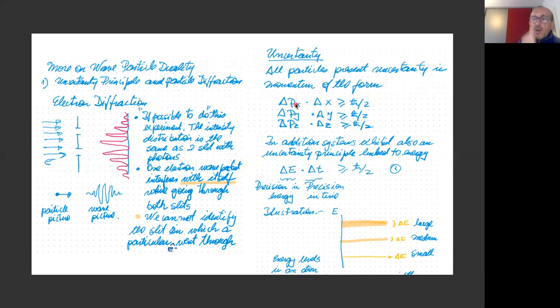So a particle cannot have a definite momentum if it can be located in a region of space. This is very significant. This is the Heisenberg uncertainty principle.